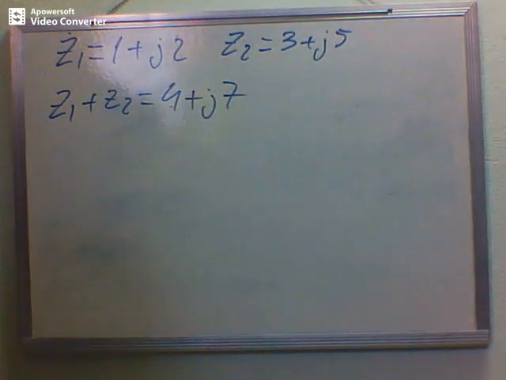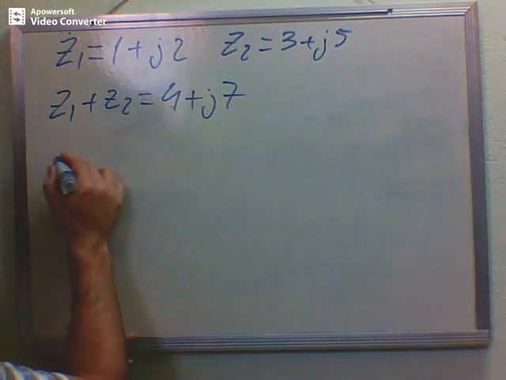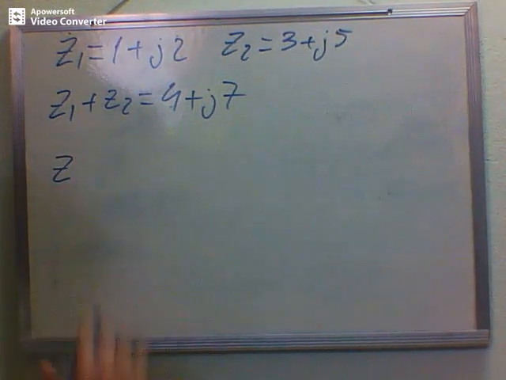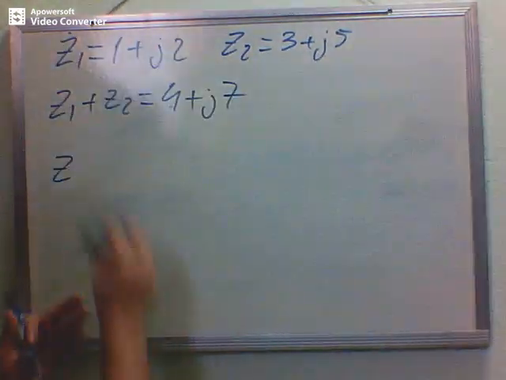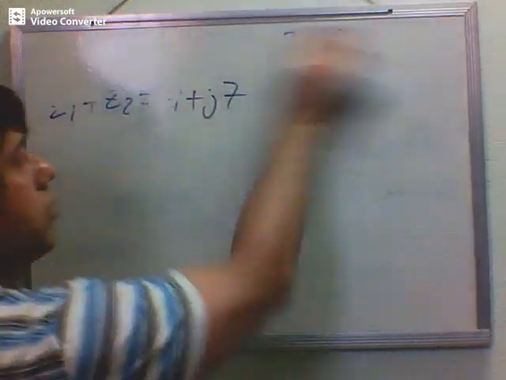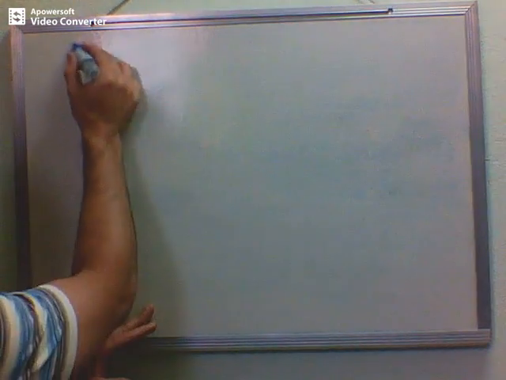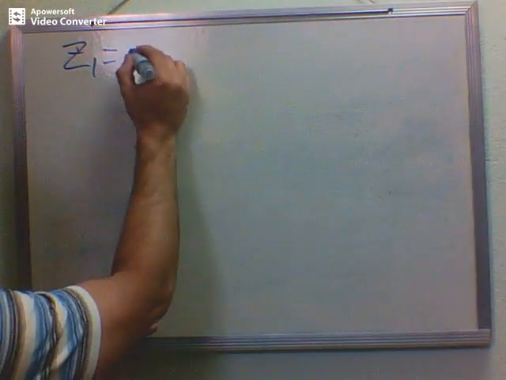Let's take the same complex numbers and do multiplication with them. Z1. No, because it's going to be hard. What we need to do is to have the polar representation.